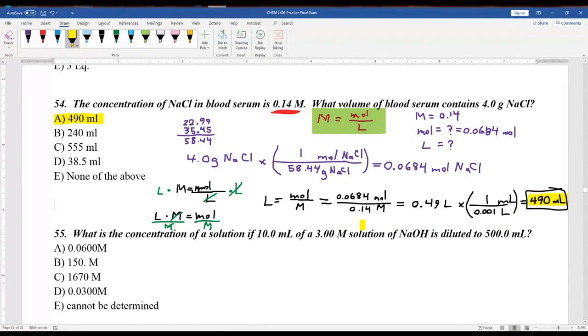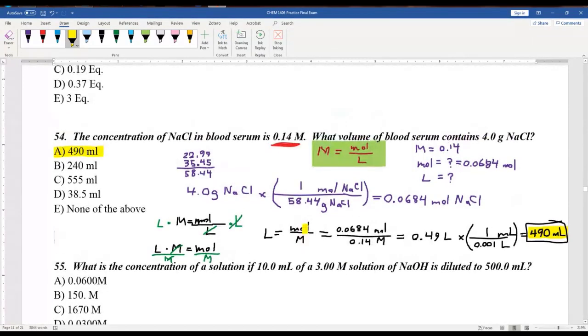So that was kind of complicated. I actually like to use the conversion factor method instead. I'm going to show you how to do the conversion factor method. Notice using the formula still does not make you exempt from using conversions, because using conversions is necessary even when you use the formula.